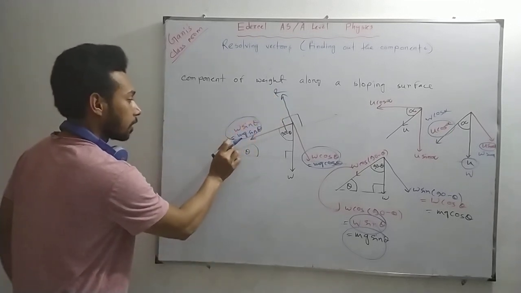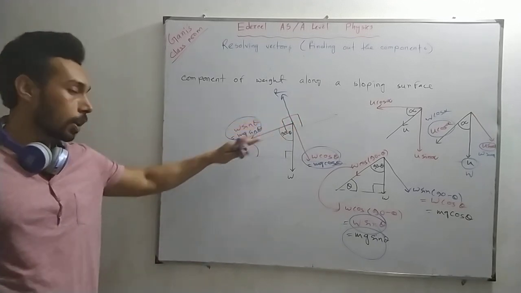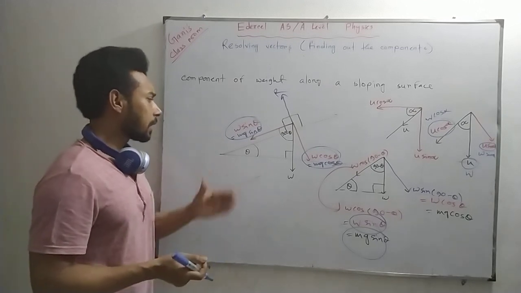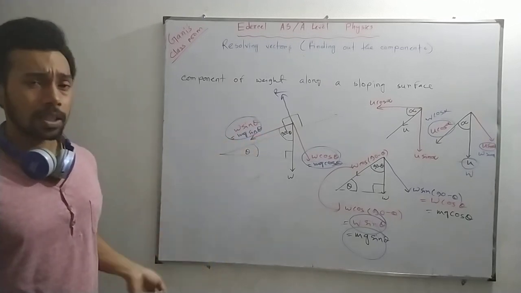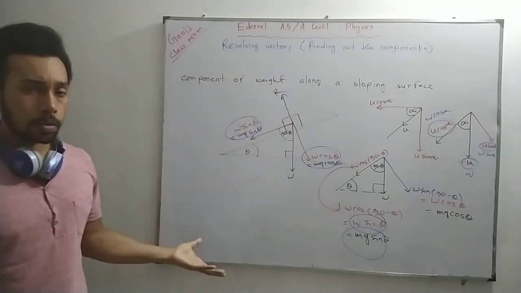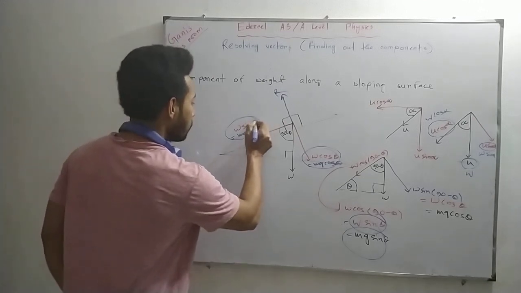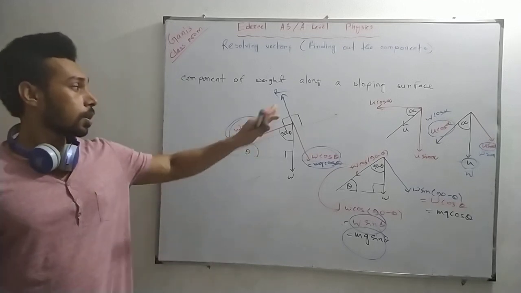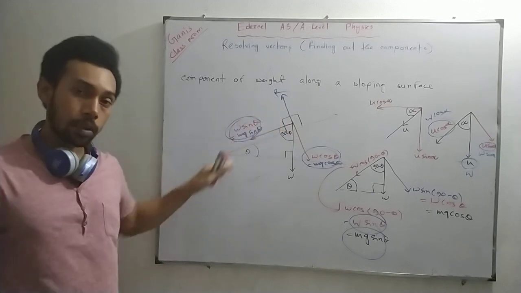And the component W sin theta or mg sin theta is responsible for the box moving along the slope. Now, if we consider the slope as smooth or frictionless, when it is mentioned in the paper that the box is moving along a smooth slope or frictionless slope, this mg sin theta is the unbalanced force acting on the box, causing the box to accelerate down the slope.